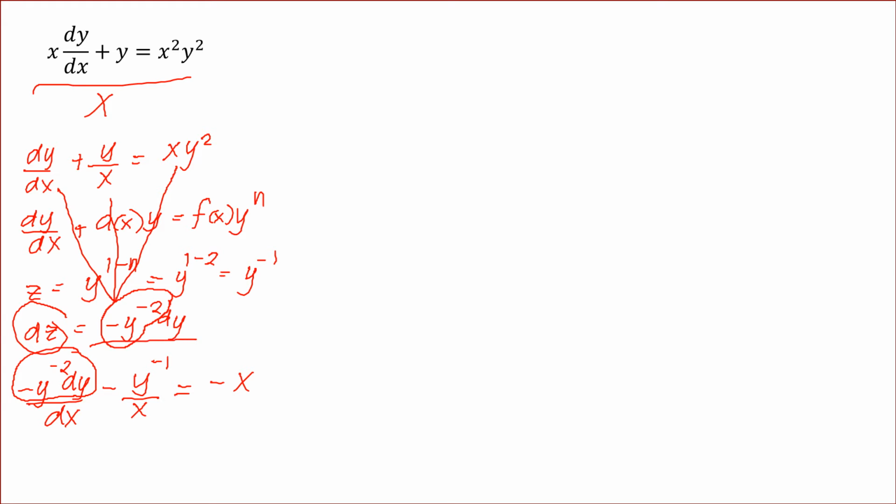Look at the equation of dz. Also, your z has the same value as y to the power of negative 1, which is this one. They are all the same. So that means we have dz over dx minus z over x is equal to negative x.